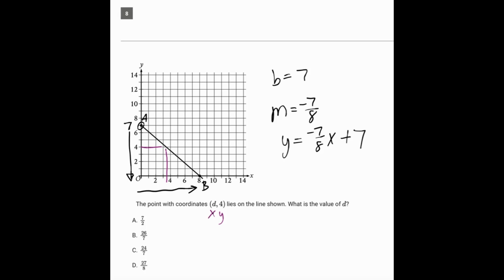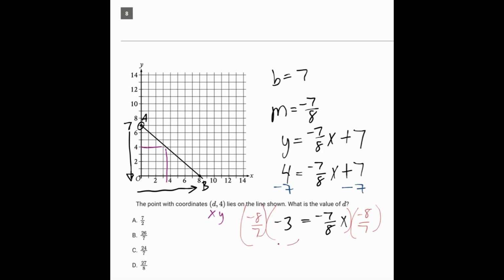Now it's a little easier to say, okay, well, when y is 4, what do we get for x? And we can just go ahead and start solving. We can take away 7 from both sides, and we'll get 4 minus 7, -3, is -7 over 8x. And now to get the x by itself, we can multiply by the reciprocal, -8 over 7.